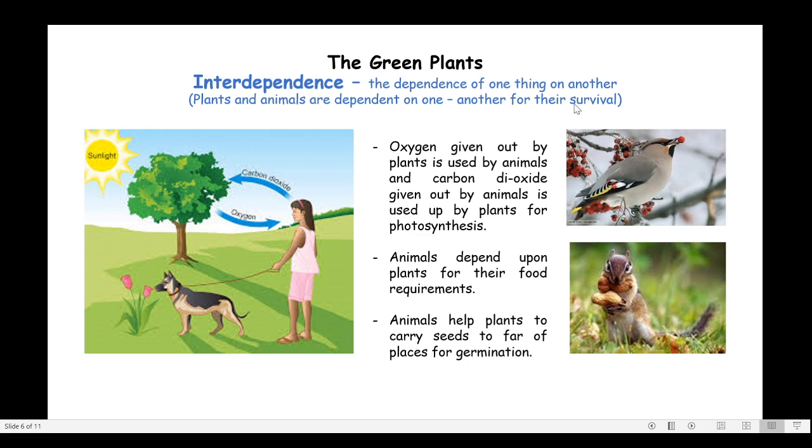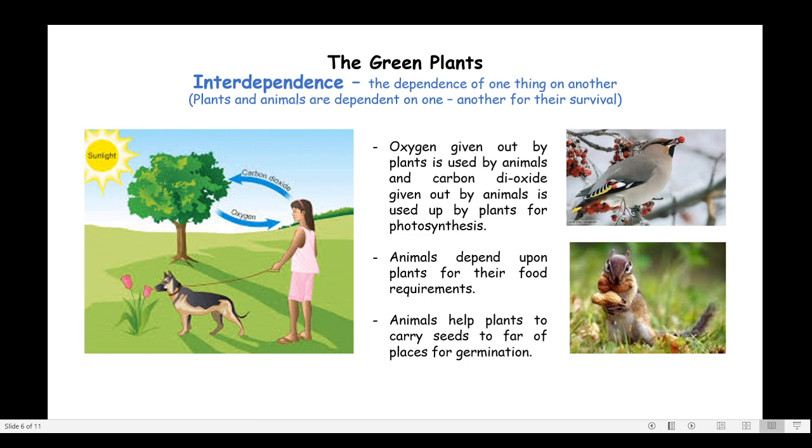So animals carry seeds to far off places. Now what is the need to carry these seeds to far off places? How are these animals helping plants to carry seeds, and what is the need? Is this a help to a plant?